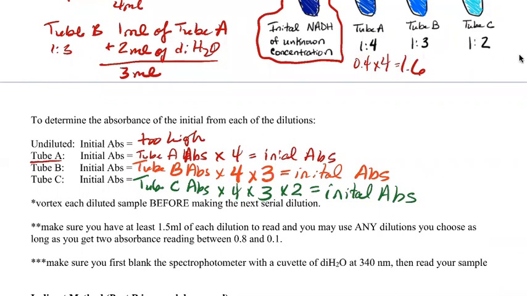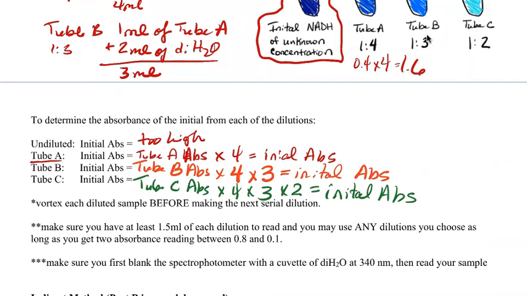You can use any dilution you choose, as long as when you put, let's say, tube A and tube B, both of these have an absorbance reading that are between 0.8 and 0.1, or maybe tube B and tube C. These have absorbance readings between 0.8 and 0.1, okay? And then the other word to the wise is to make sure you first blank the spectrophotometer with a cuvette of water at 340 to make sure you're not picking up absorbance from the water.